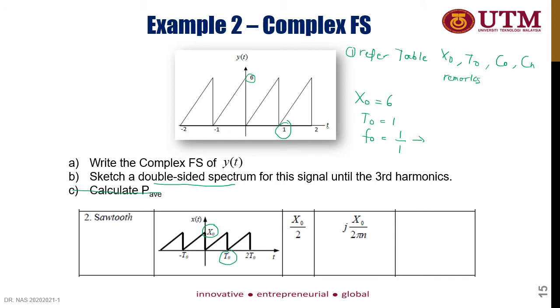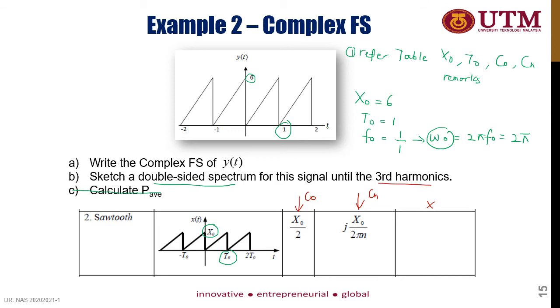Okay, so then your omega naught equal to 2 pi f0, equal to 2 pi. So this is your omega naught. So what else? You have the C0. This is your C0, and this is your Cn. And no remarks. So all n values need to be included up to third harmonics.